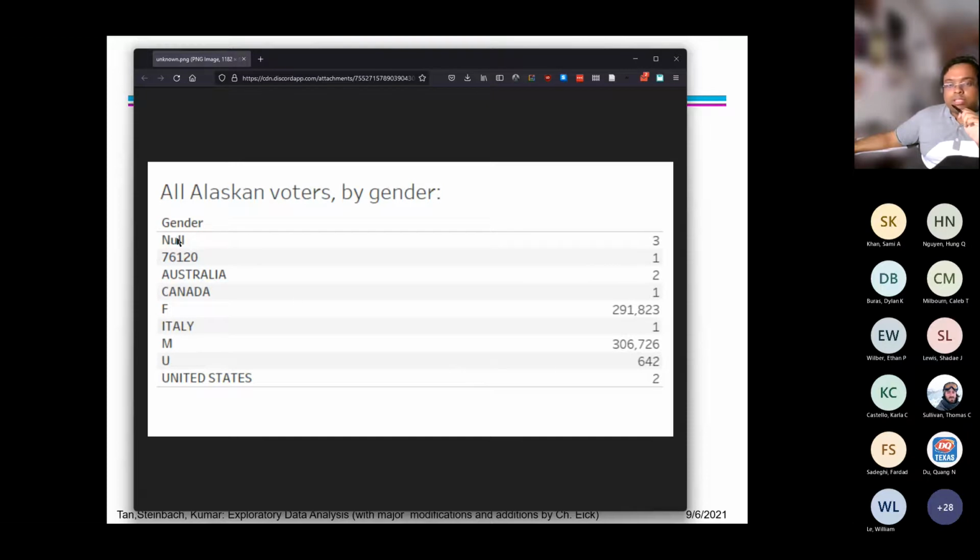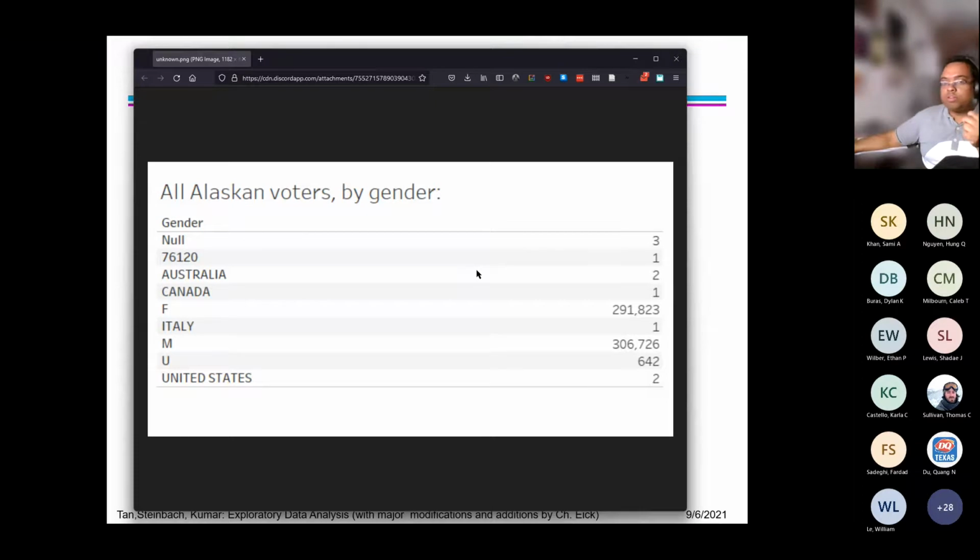But you can see a bunch of the data makes no sense. Your gender is probably not Italy or Australia or Canada or the US or null, maybe. So this kind of outlier detection, if you don't do your first form of exploratory data analysis and figure out what the outliers are and what kind of data doesn't make sense, you're going to get in trouble when you start working on the data.